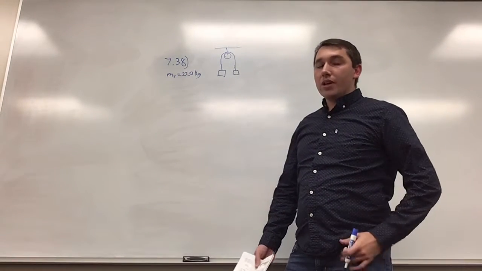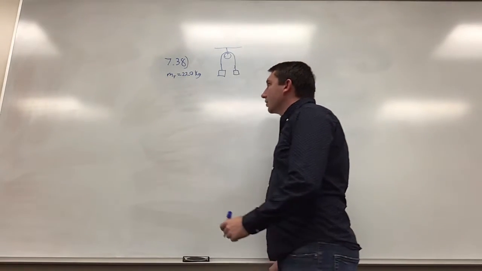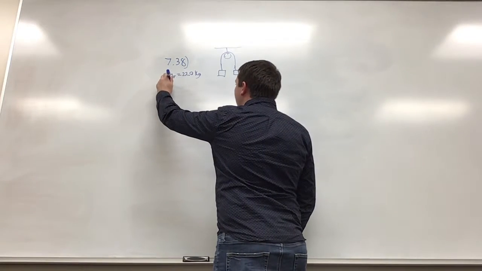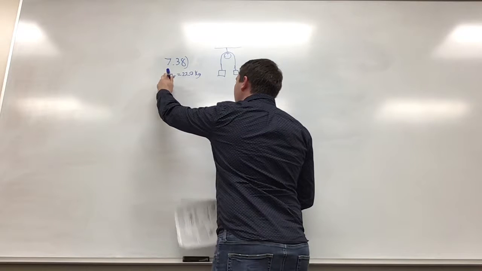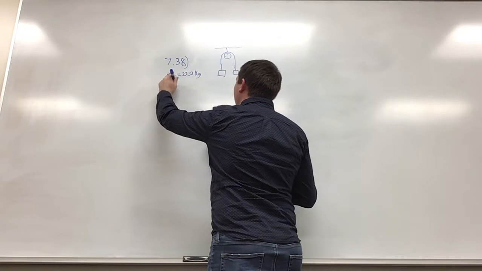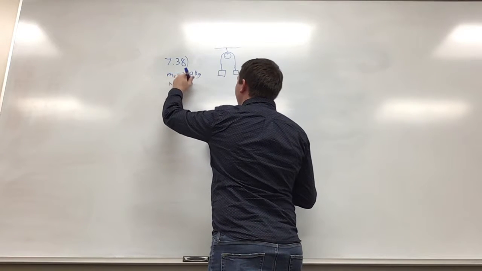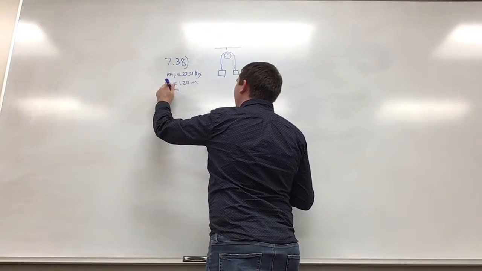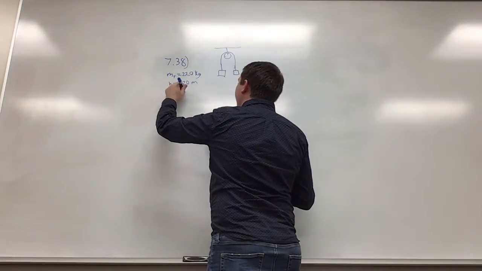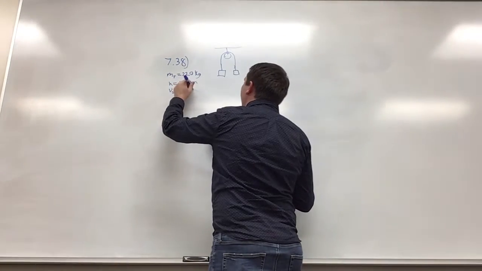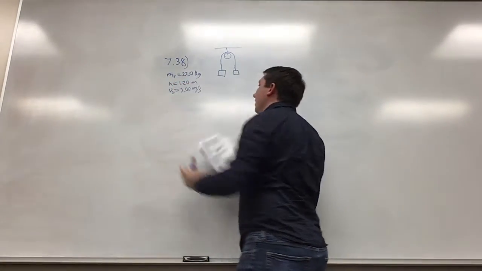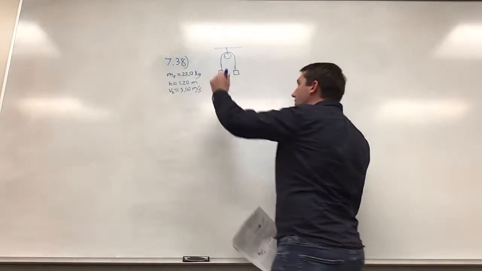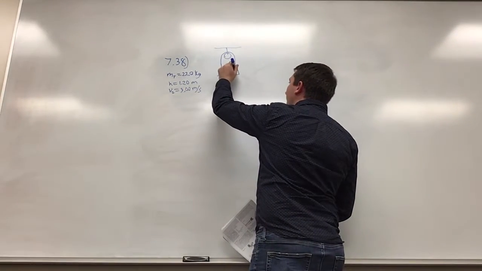We also know that after the blocks have been released, they have traveled a height of 1.20 meters, and have a velocity of 3.00 meters per second. And it wants us to find the mass of each block. So we've got block A and block B.